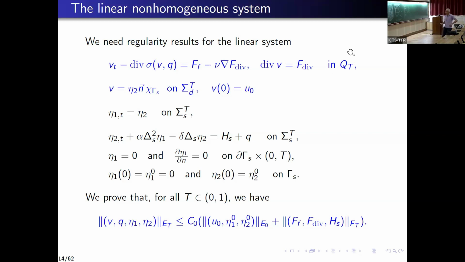So I look for the solution in the space E depending on time t, and I have to estimate the solution of the linear system in this space in terms of the initial condition in E naught. This is 0, but as I explained, I can take something else, plus the right-hand side in Ft.